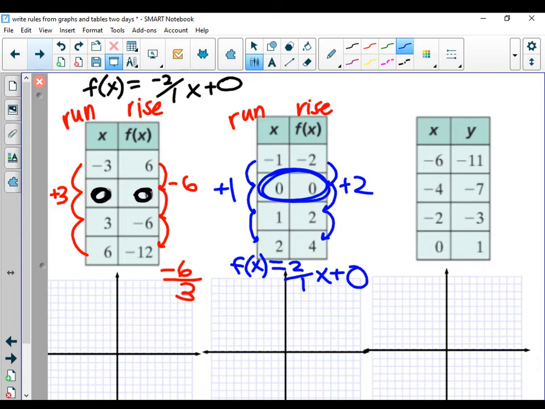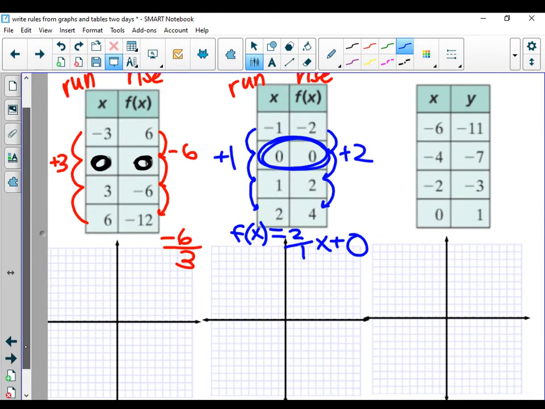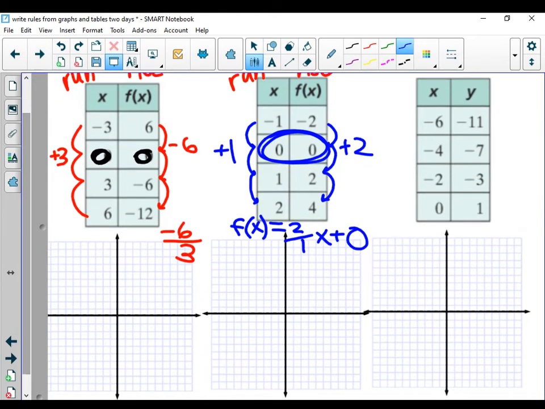Is it getting easier? I hope so. Drake, any pattern happening in the rise? +4. Thank you. Sophie, any pattern happening in the run? +2. Thank you. Guess what we just found? Slope. Good job.